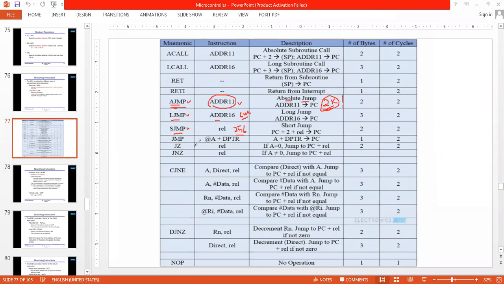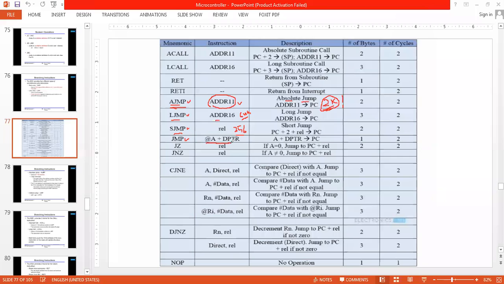Then one more I have, JMP. JMP without any conditions. JMP, jump to a particular address with indirect. Indirect stands for A plus DPTR, which was the indexed addressing mode.